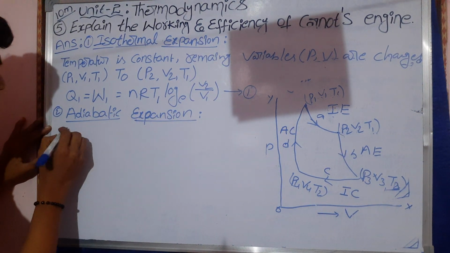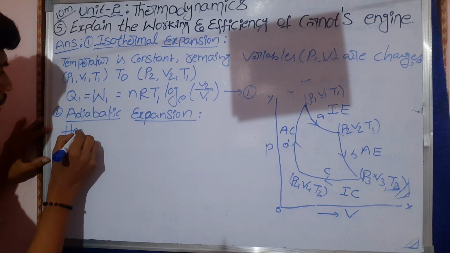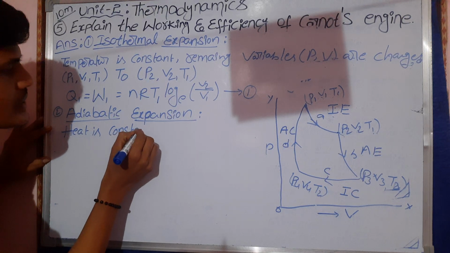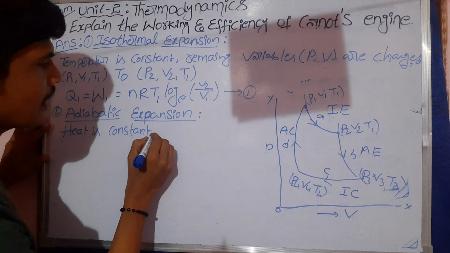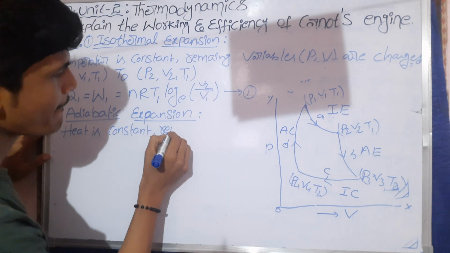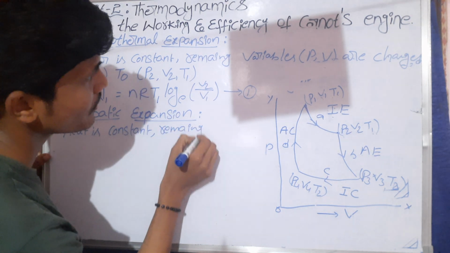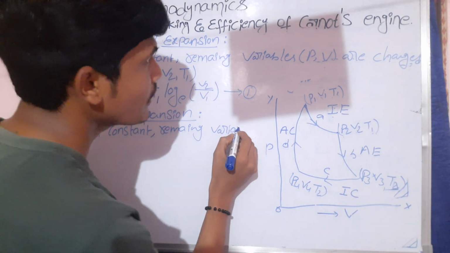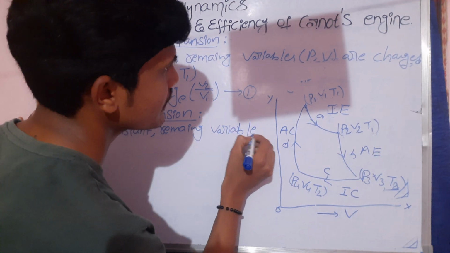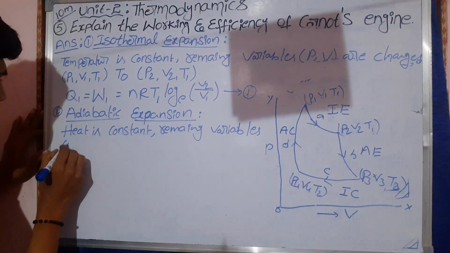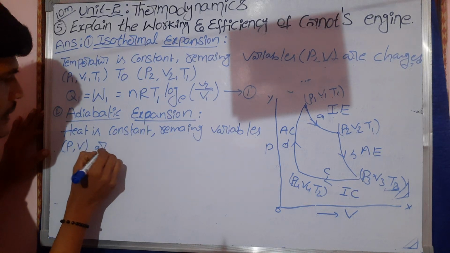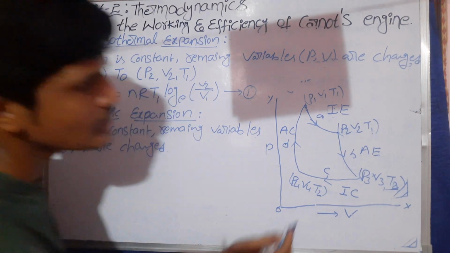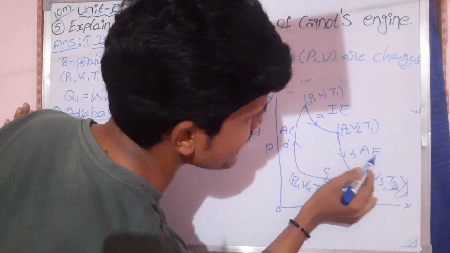Adiabatic means heat is constant, so Q does not change, and the remaining variables are changed: P, V, T. This curve is called adiabatic expansion.